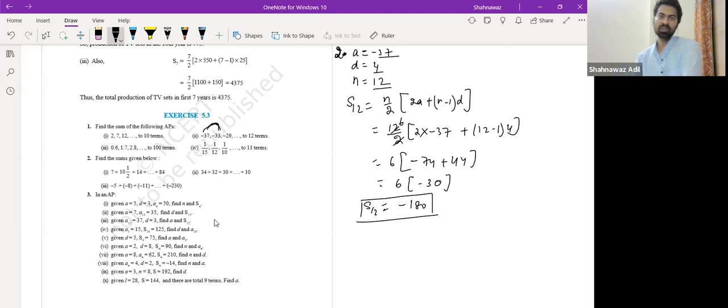Which chapter did you guys find difficult? The fourth one, the quadratic one. The questions came hard in my exam. The rest are pretty easy. Talha, which one is difficult? This AP.